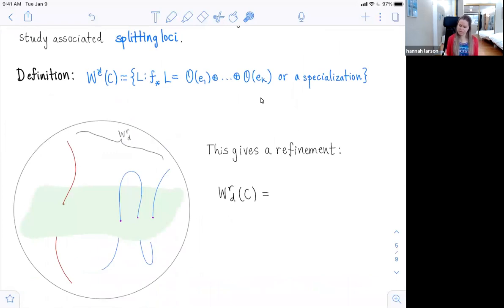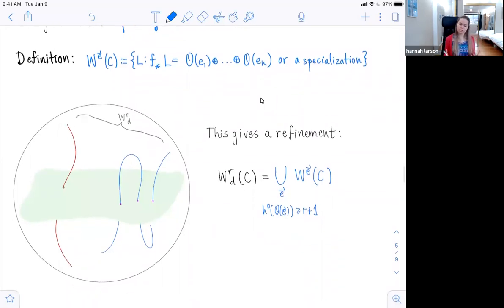Given a splitting type e, it's not hard to recover the associated r and d. So it follows from the definitions that W^r_d breaks up as a union of splitting loci W^e(C) over splitting types e that satisfy: H^0 of that vector bundle on P1 has at least r+1 global sections.